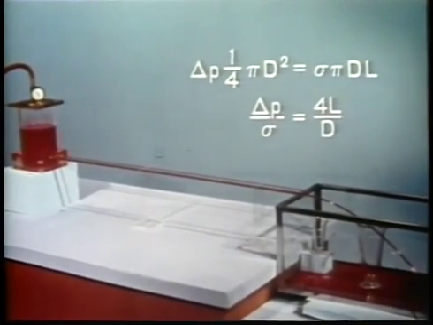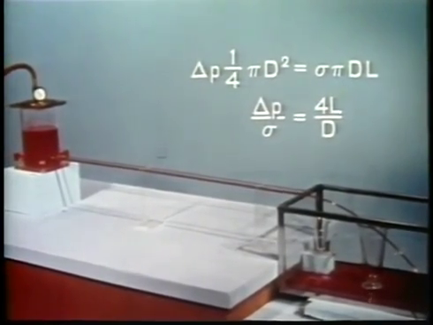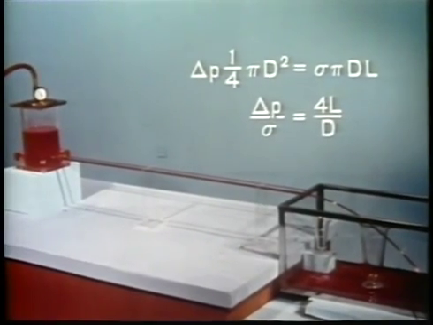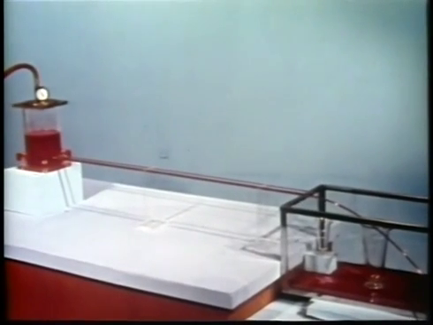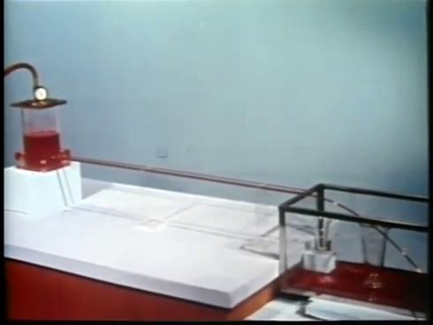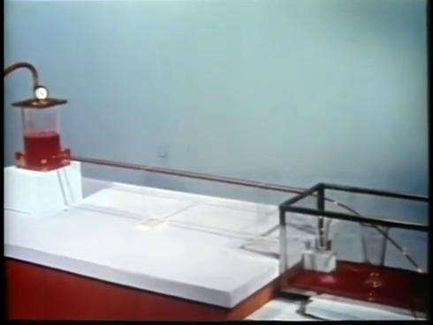When L is large compared with d, as it is here, a small tangential stress can produce a large change in pressure. This is the principle on which hydrodynamic lubrication is based.